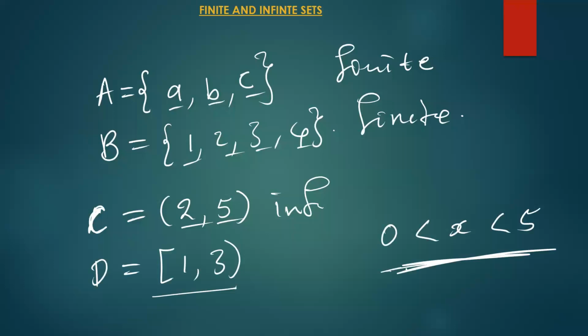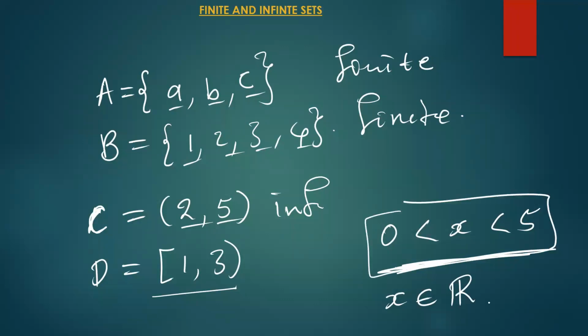if we write it like this, and then we say where x is a member of real numbers, then it becomes an infinite set. But if we say where x is a member of integers, it means that this is a finite set, meaning we are able to count the number of integers between 0 and 5.